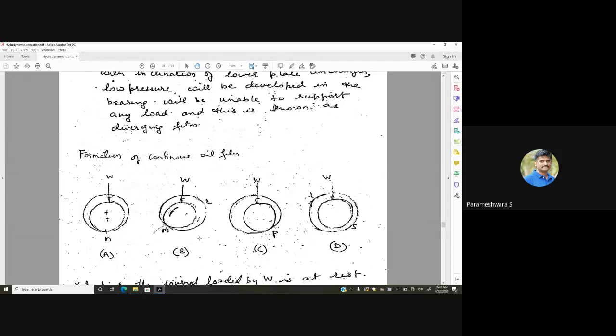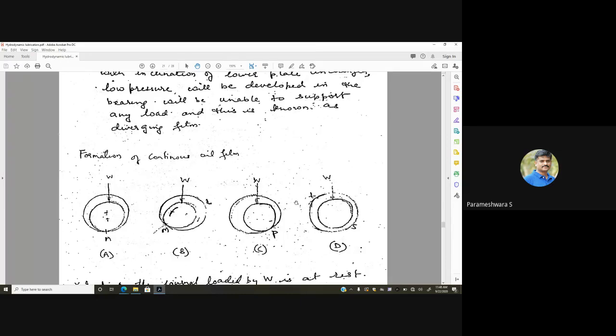As the journal rotates at higher RPM, the positive pressure developed in the converging portion moves the journal to the right side, as shown in the figure, and this process continues.